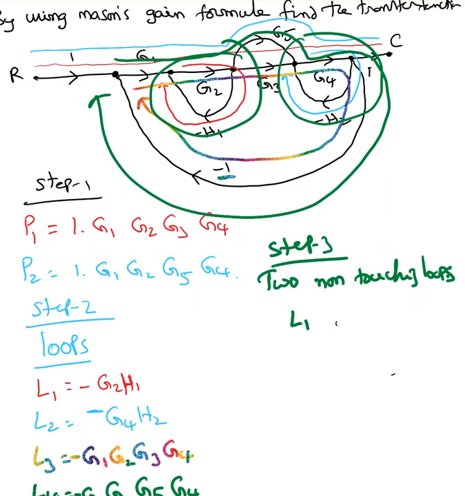So loop 1 and loop 2 are two non-touching loops. Are there any other non-touching loops? No, every other loop is touching. Then also find 3 non-touching loops, meaning loops which don't touch at a node or share any common path. Here I don't have any, so I'll take that as none.